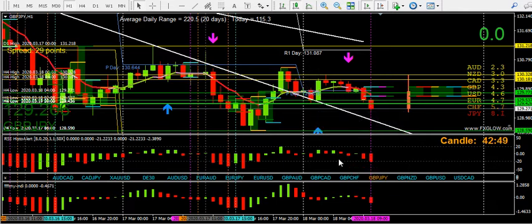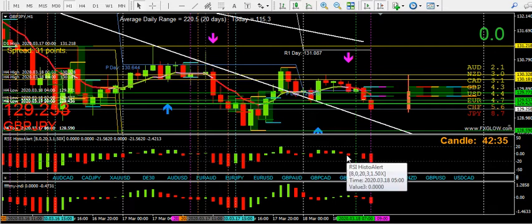And as you can see, we'd broken down, not with a great deal of vigor, momentum, because of probably the time of day, end of the Asian session.